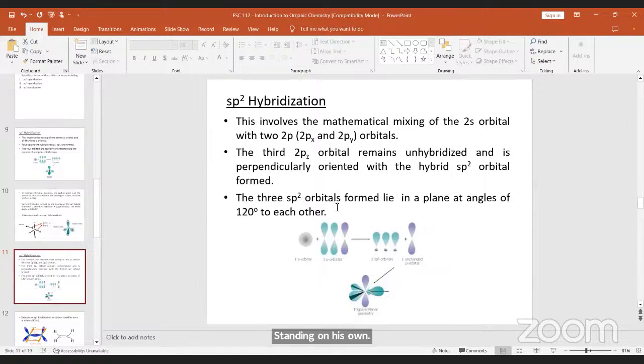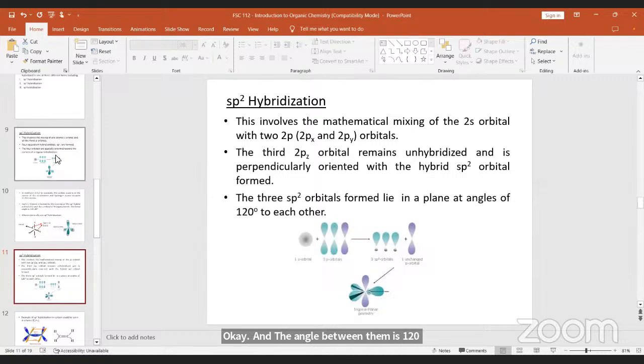So the three sp2 orbitals lie in a plane at the regular angles of a triangle. So it's just like having three corner pieces that when you connect together, form a triangle. Okay? And the angle between them is 120.